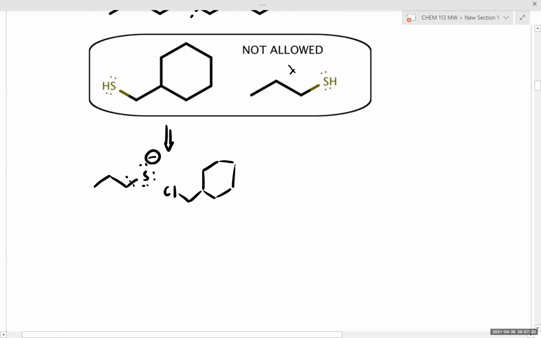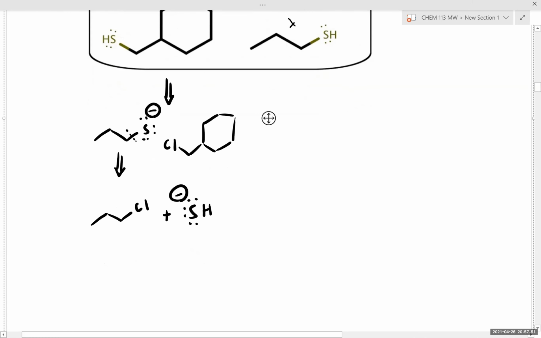So let's disconnect this further, and let's trace back this starting material to an alkyl halide and some sort of hydrogen sulfide anion equivalent.